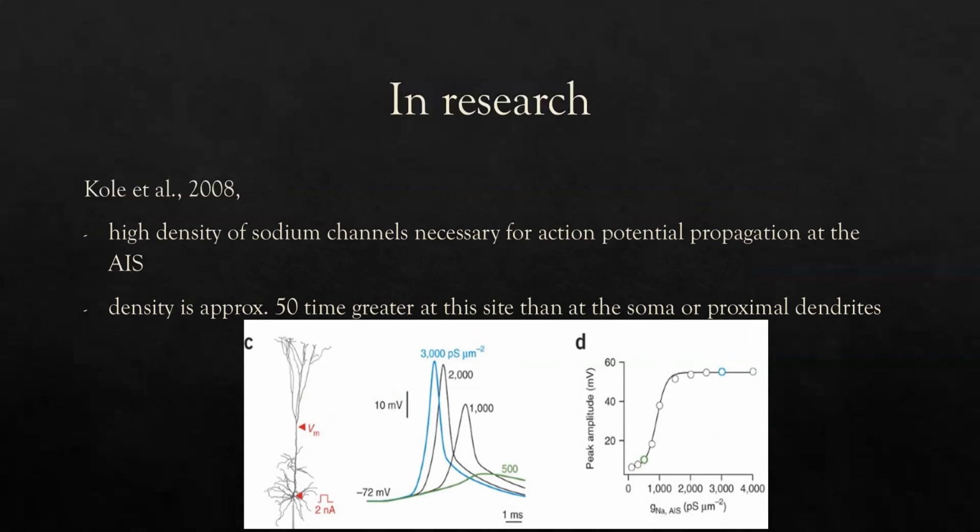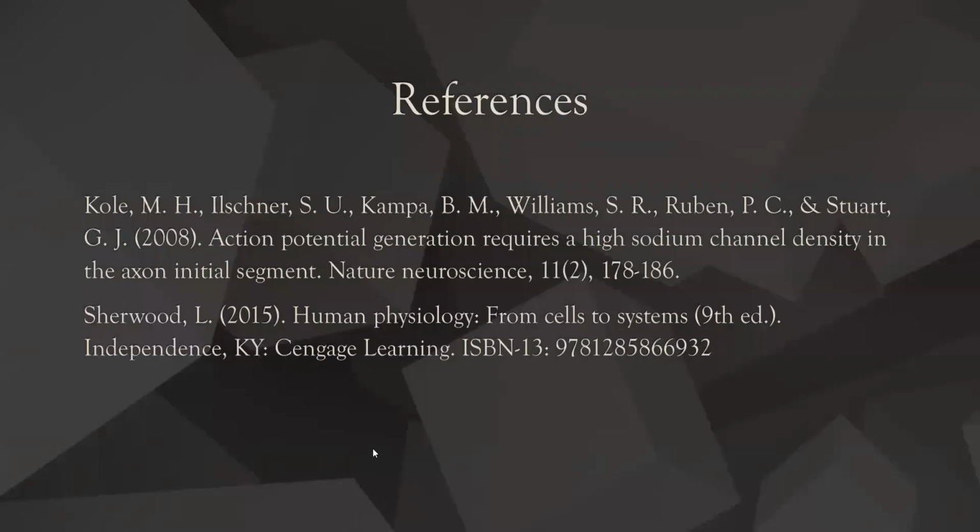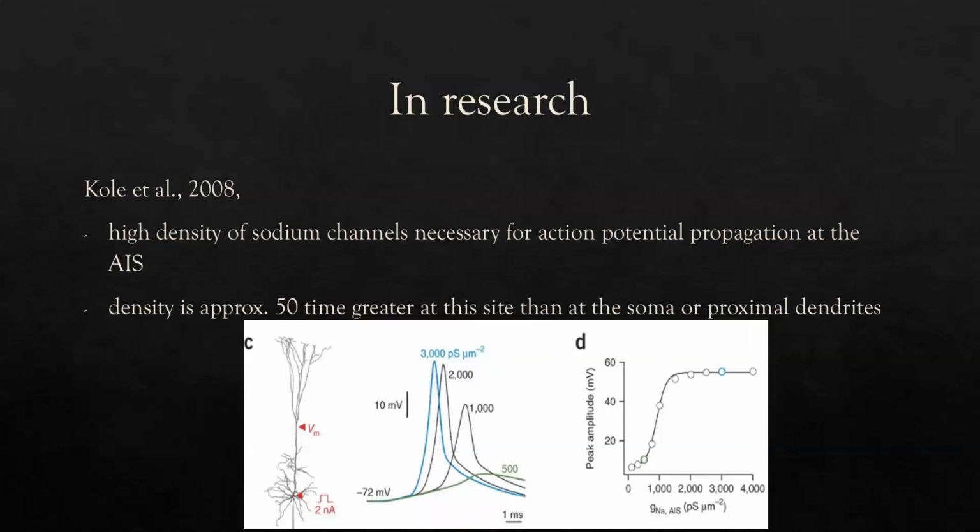So this is the neuron we see. And then here we see examples of action potentials recorded in the apical dendrite and the soma in the models with indicated AIS sodium channel densities. So, go back.